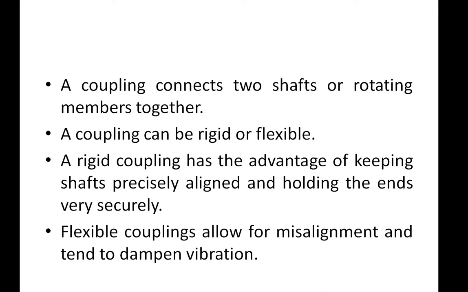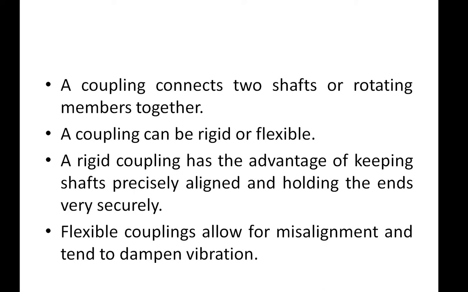The universal coupling is a very common type, used to transmit power from the engine to the rear wheel of an automobile. Generally in larger or heavier automobiles, there is a universal shaft and universal coupling from the engine to the rear wheel. That universal coupling is flexible.